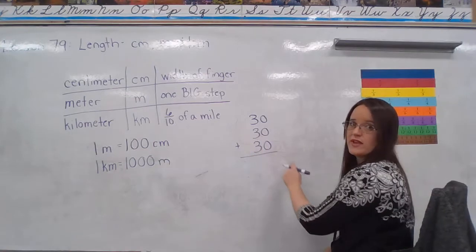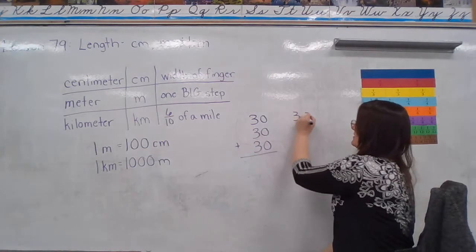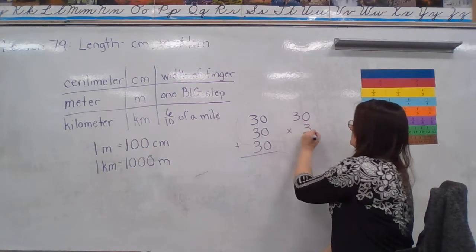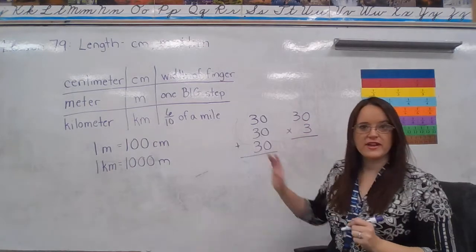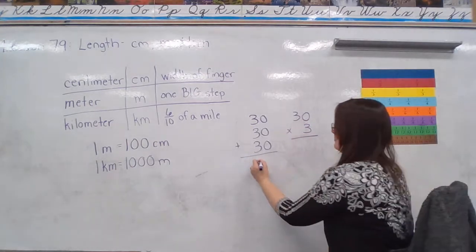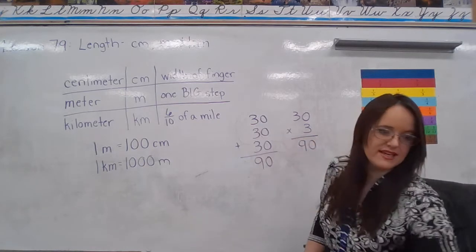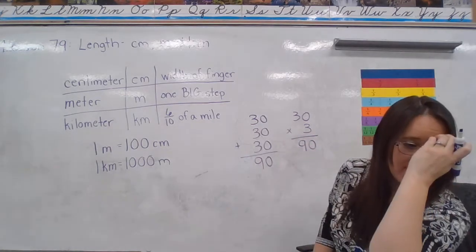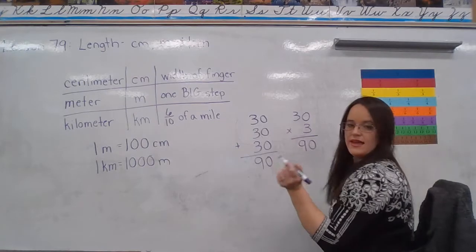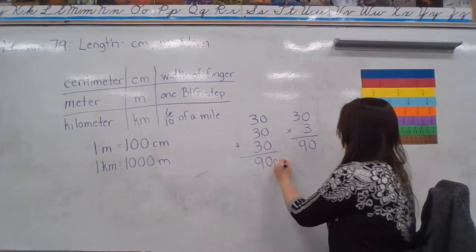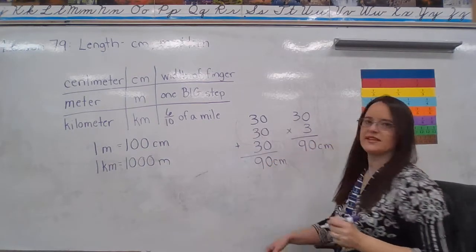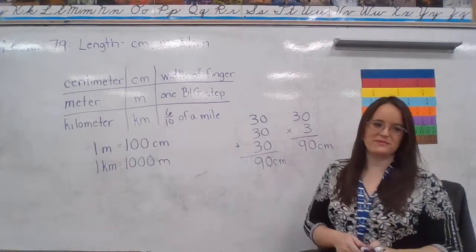We have 3 groups of 30. Either way you choose to solve it, you're going to end up with 90. And we're talking centimeters here, so 90 centimeters. Either way you choose to do the math.